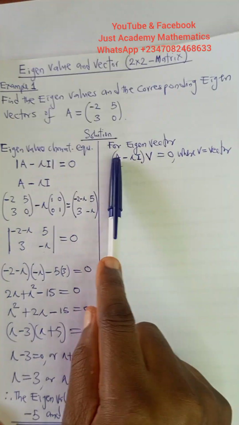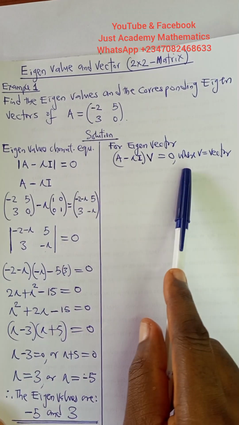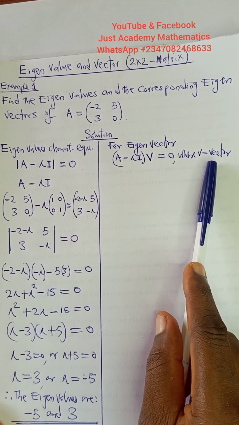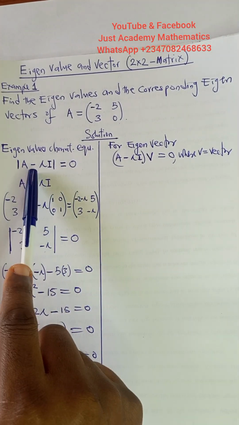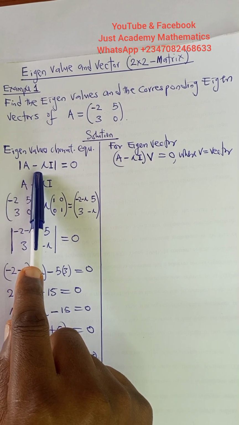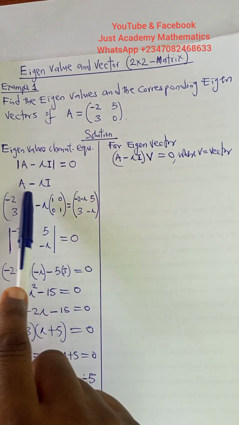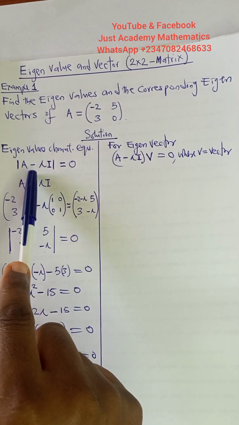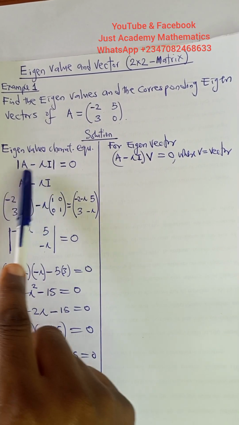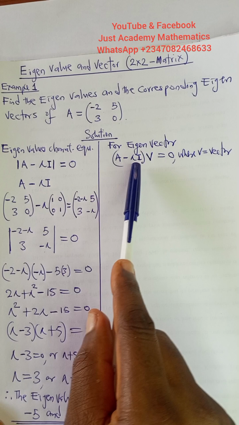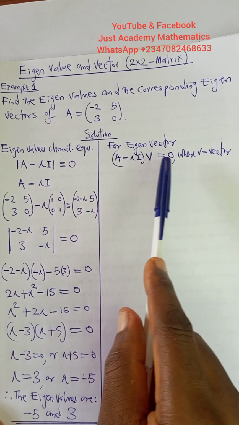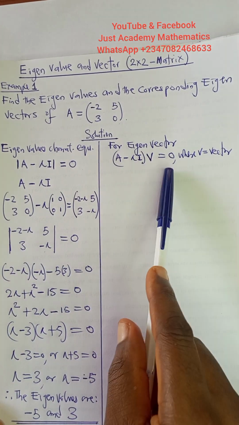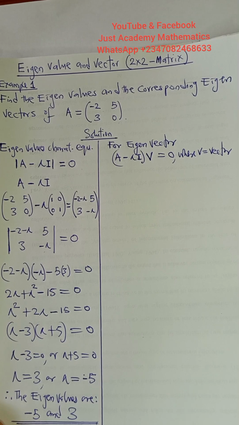So this is the vector equation. This characteristic equation here, without the determinant sign, without the absolute value sign, times the vector must always be equal to what? 0. Are you getting it now?